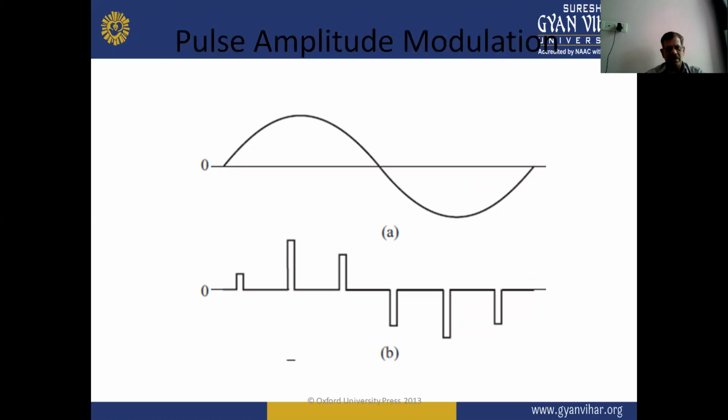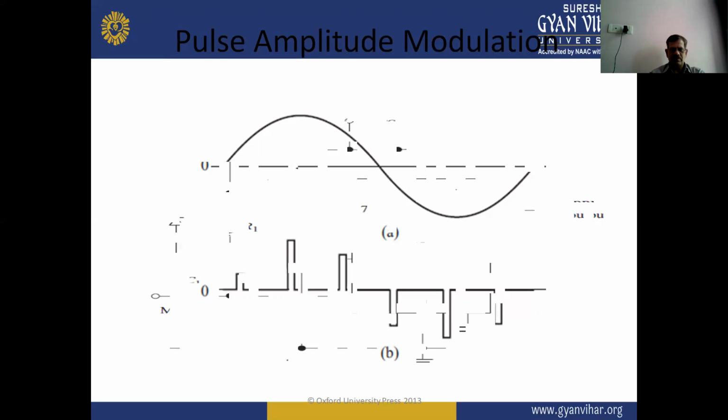The first waveform shows the modulating signal or message signal, and the second shows the pulse amplitude modulated output signal, in which the amplitude of the pulse is changed according to the modulating signal. So that is the waveform representation of the pulse amplitude modulated system.